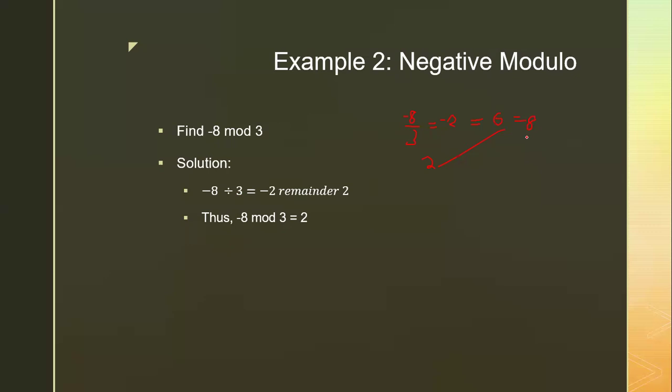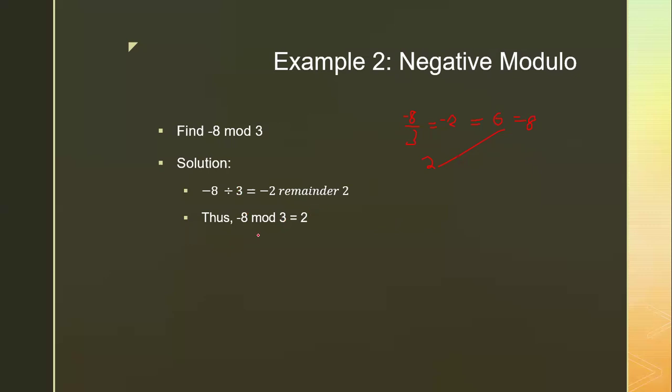So that's just a basic understanding of everything. I know the example that I used was using positive integers, but it was just to help you understand in greater detail what exactly is happening, okay? So 8 divided by 3 is negative 2, remainder 2, right? Thus, negative 8 mod 3 is 2.